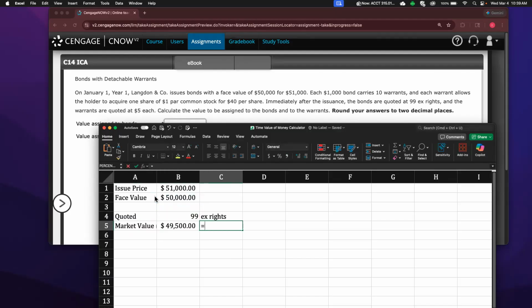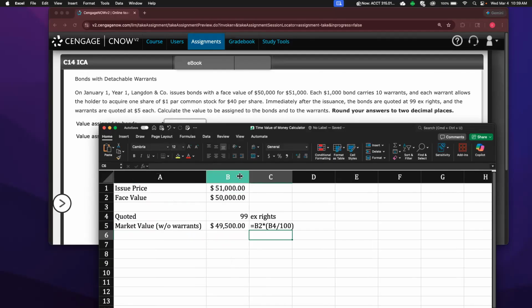And I'll put our formula text over here. So that's the market value of our bonds without the warrants.